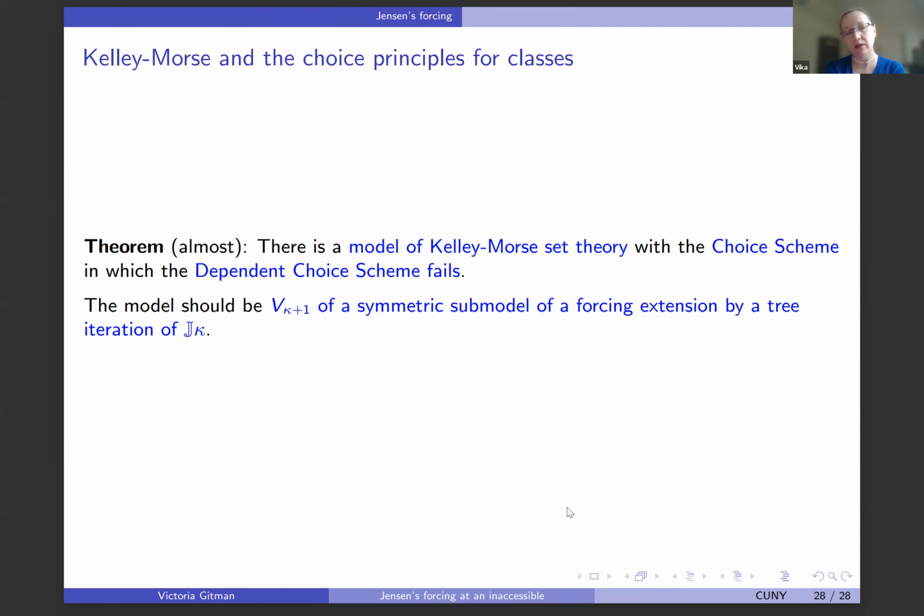Right now, I think uniqueness is the issue. The technicality is in getting the uniqueness property for this tree iteration, which is fairly complicated and comes out of the construction of the poset. Yeah, I think that's probably where it lies.